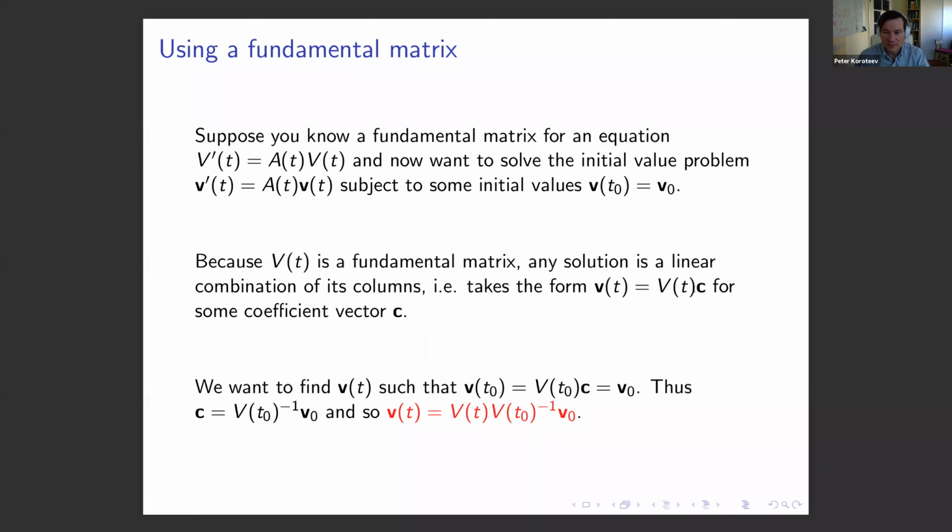So we just substitute the answer for C. So vector V is equal to this combination. And you can see that the answer checks out. If you plug in t equal to t0, then V times capital V inverse cancel each other. They become an identity matrix, and it is consistent.